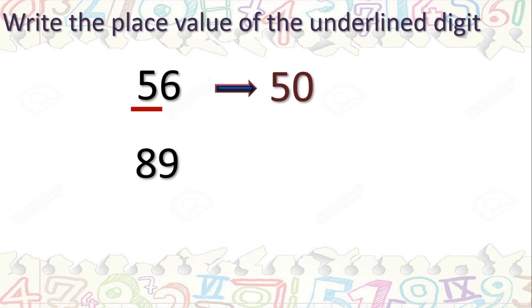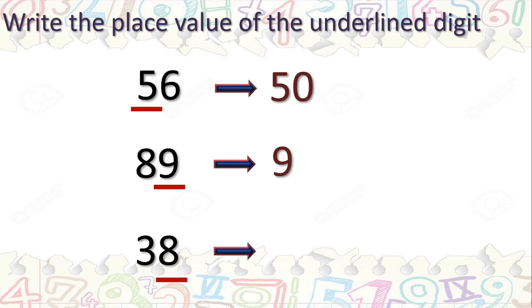Next number 89 and 9 has the underline. And 9 is in units place. So the value of 9 is 9. Right? Next number is 38 and the underline is for 8.